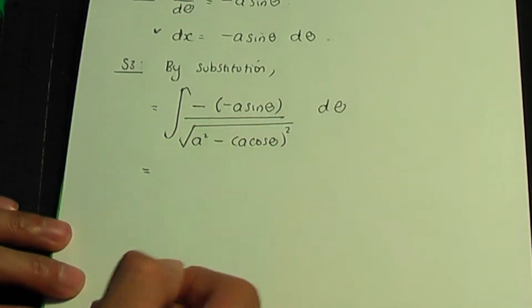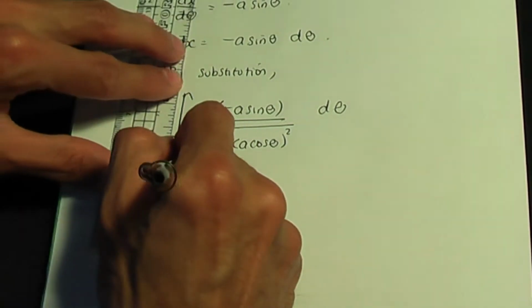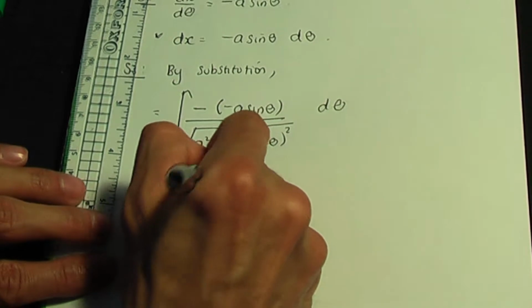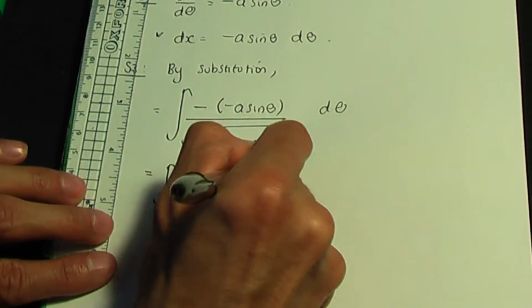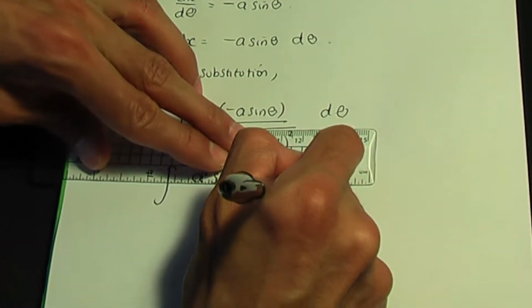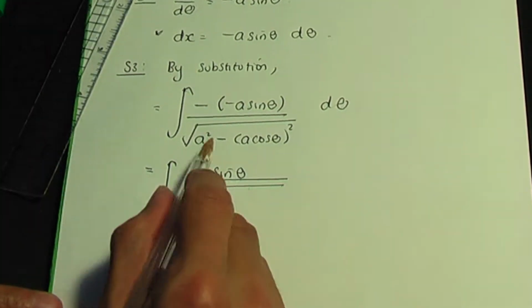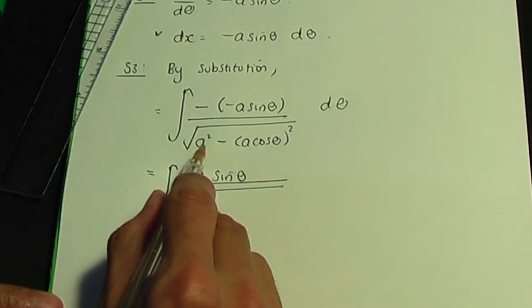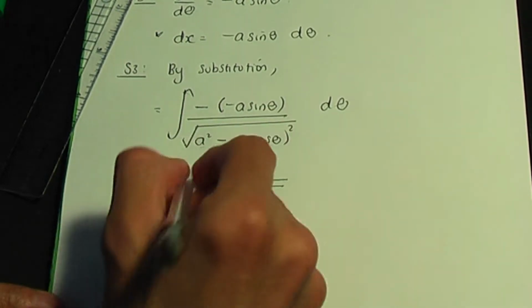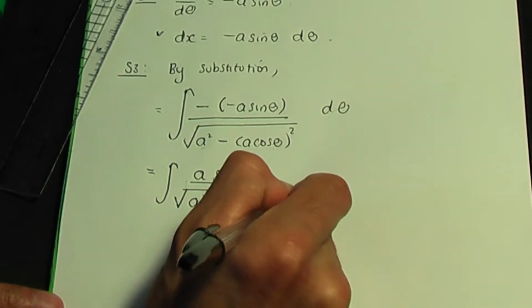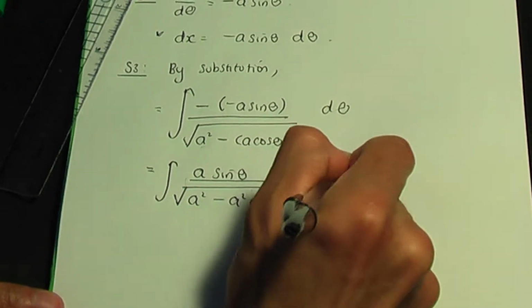So it's the integral of minus into minus is a plus. So a sine theta in the numerator divided by the root of, and when we simplify the term under the root, we're going to have a squared minus a squared cos squared theta with respect to theta.